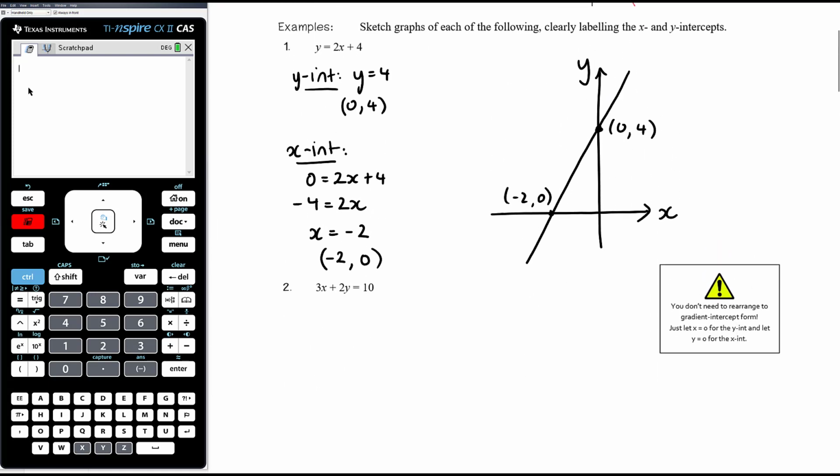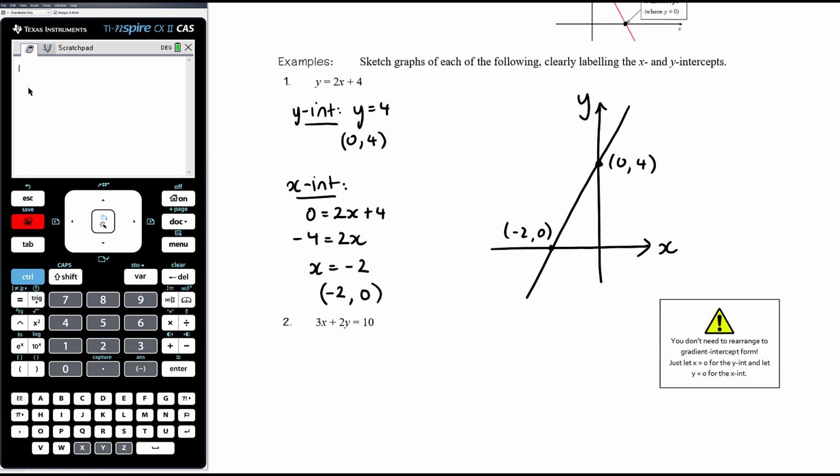Now, the second example, the graph is in general form. In my experience, 80% of all students, the first thing they will do is convert this to gradient-intercept form, which is a complete waste of time. And I would say that 50% of those 80% of students will do the rearrangement incorrectly, and/or the rearrangement ends up with fractions, which it will in this instance, and they struggle with fractions and they then don't calculate the x and y intercepts correctly.